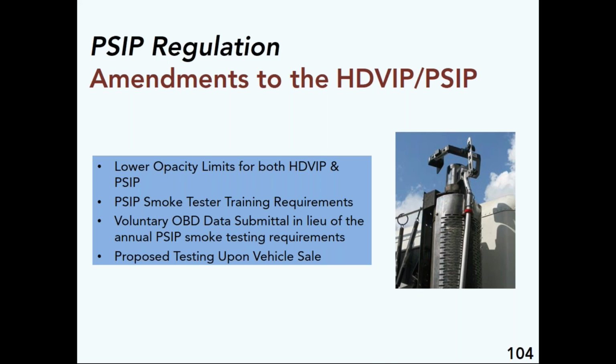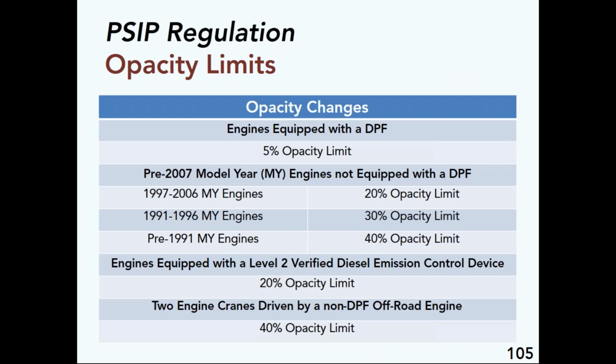When we opened up the regulation to change those levels, we also included some additional smoke tester training requirements and the ability to do a voluntary submittal in lieu of the testing strip or doing the testing yourself. But one of the biggest things we did is we changed the opacity levels. So here are the new opacity levels associated with this particular test.